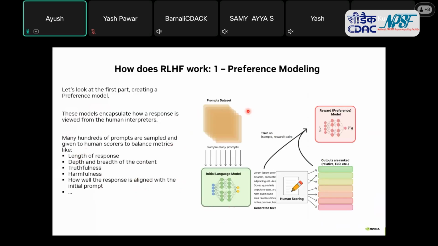So you have the prompt dataset, your initial SFT model, and a reward model trained on these sample and reward pairs collected from the annotators. This reward model then helps you train the PPO policy, or any other optimization setup such as DPO, to train the model.